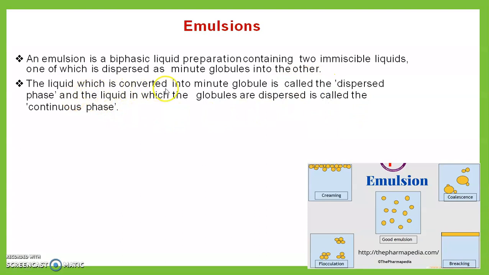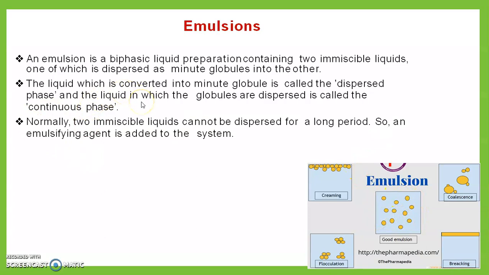The liquid which is converted into minute globules is called the dispersed phase, and the liquid in which the globules are dispersed is known as the continuous phase.